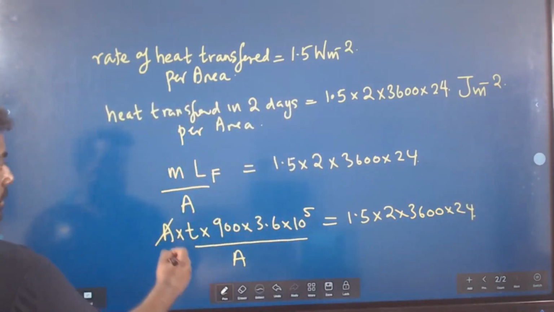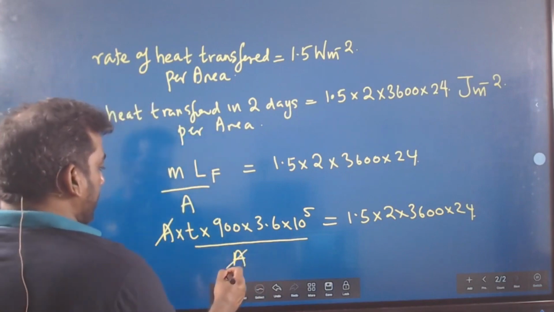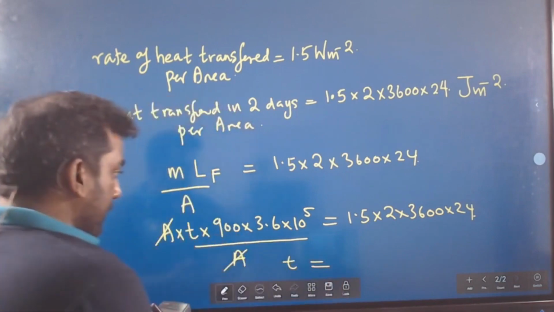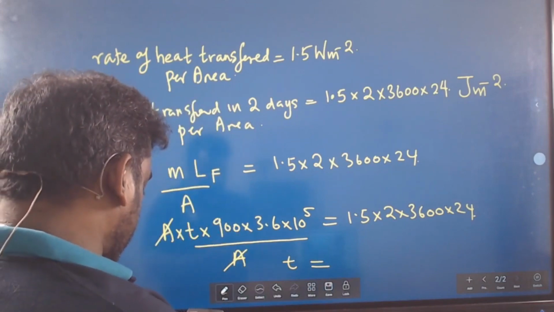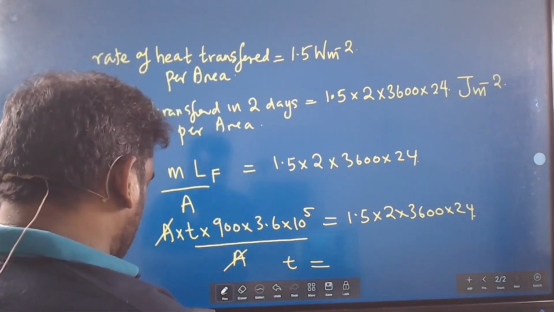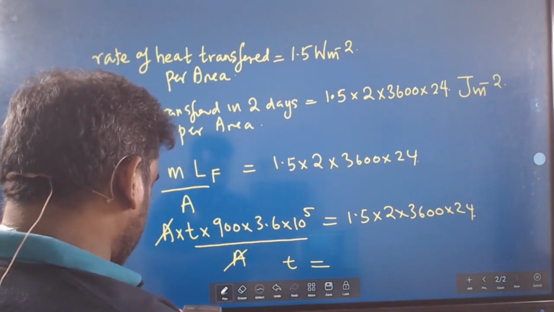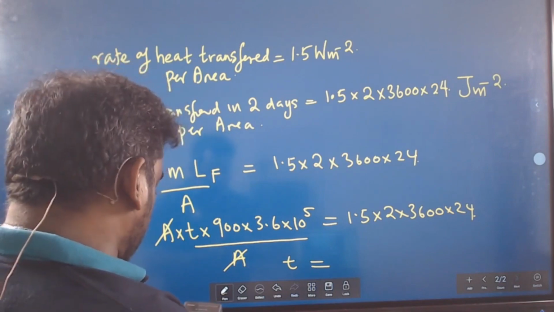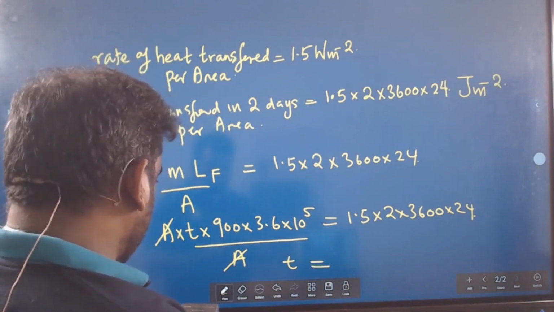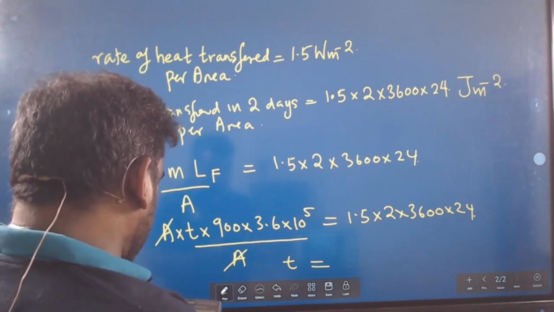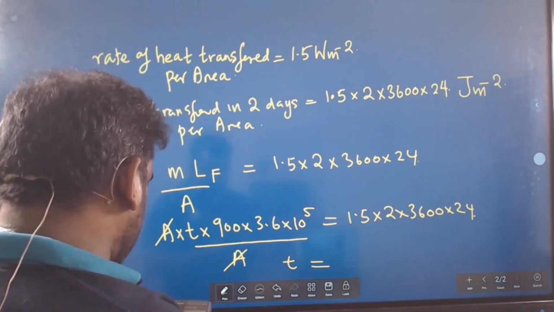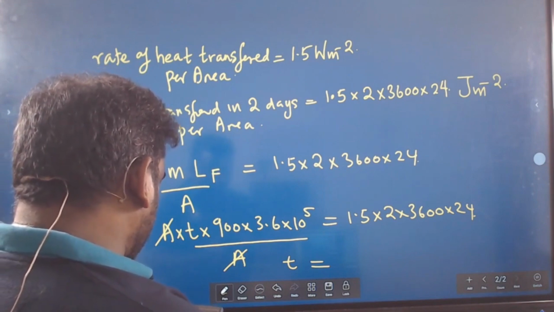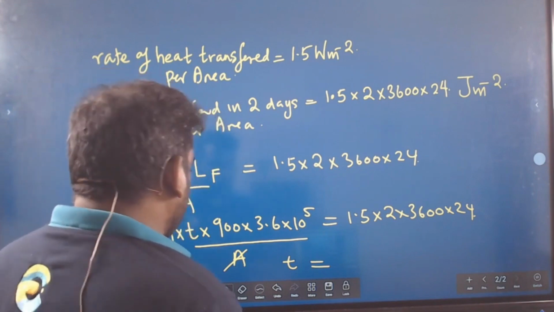Now you can easily find the thickness. Let's see. 1.5 times 2 times 3600 times 24 divided by 900 times 3.6 times 10 to the power 5.